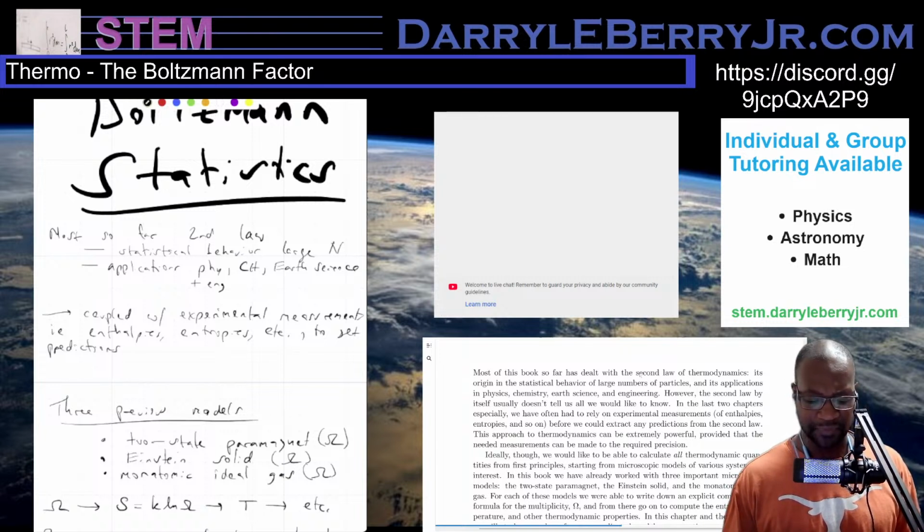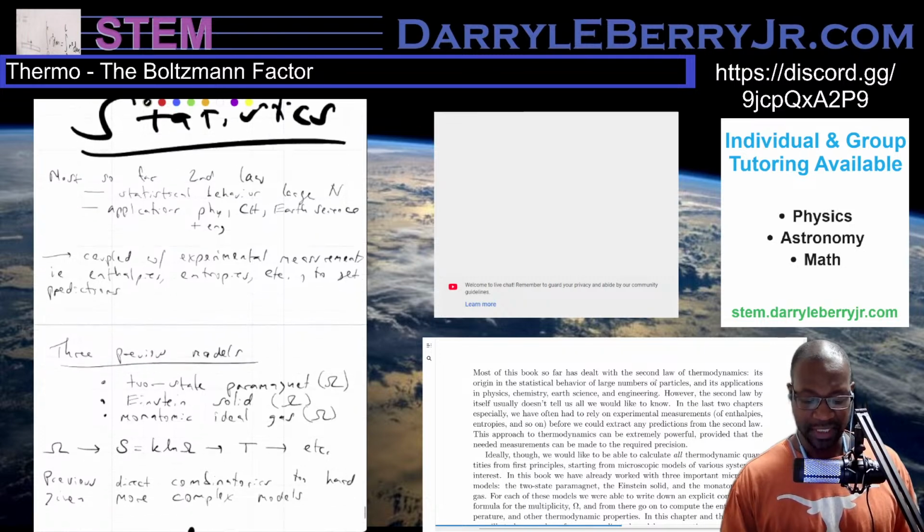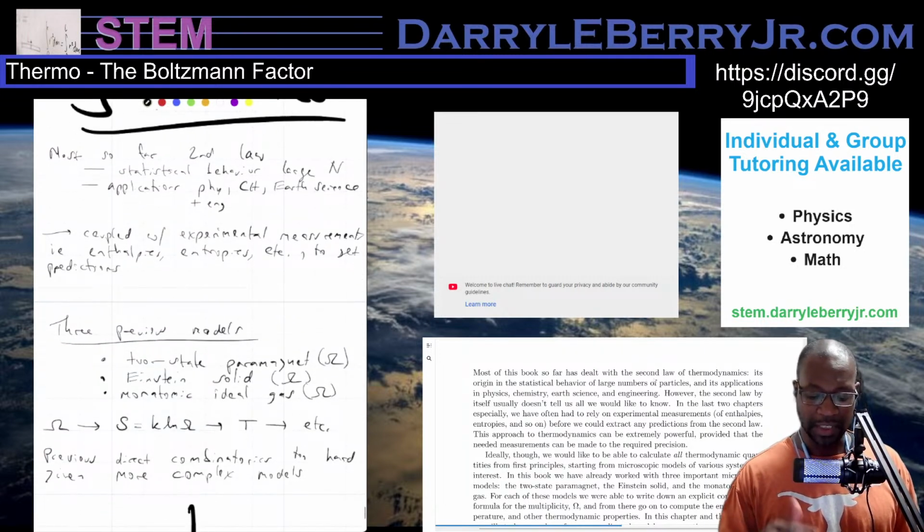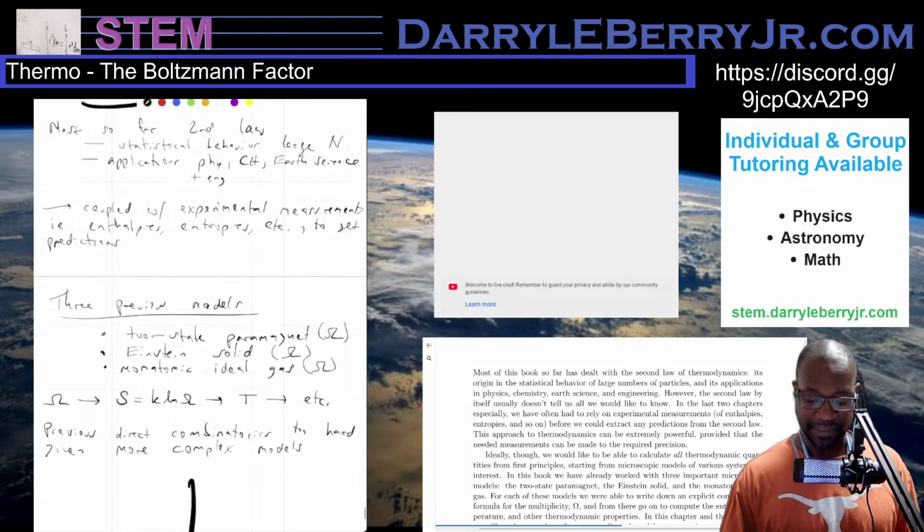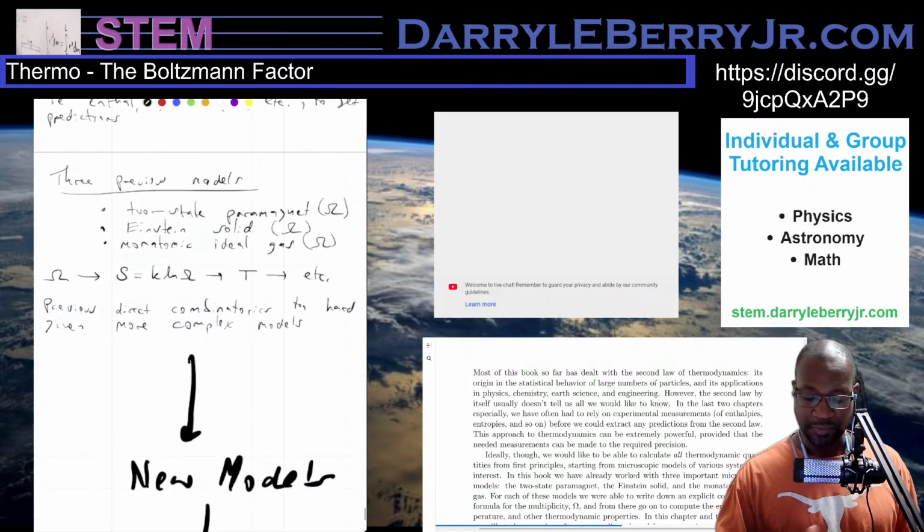I did some problem solving a few weeks ago, I believe, and coupled with experimental measurements, we're able to get several predictions, like we did, I believe, the heat engines and refrigerators and things like that, utilizing values that we get from experimentation.